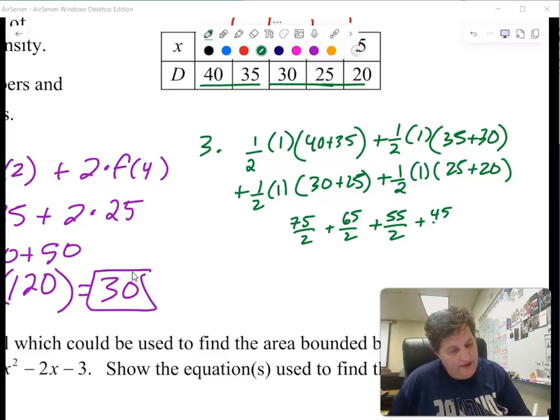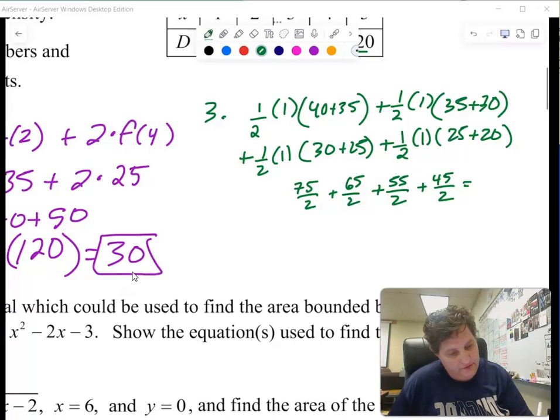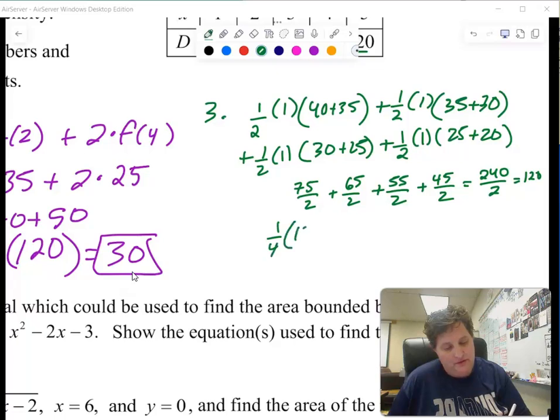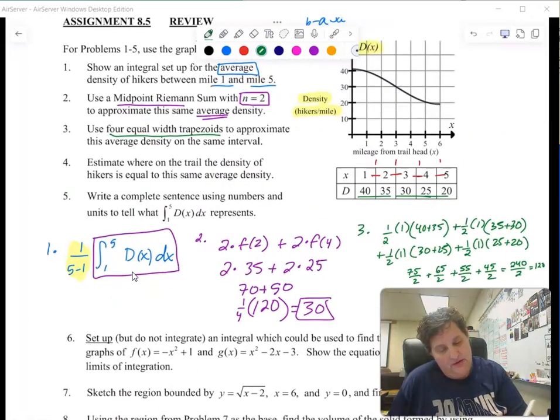Okay, and then that one's 45 over 2. Okay, so if I add all those up, that's 100. That is 140, so that's 240 over 2, which is 120. And again, average value is 1/4 of that. And I get 30 again. Oh, that's fun. Okay, so 30 by doing the trapezoids through there.